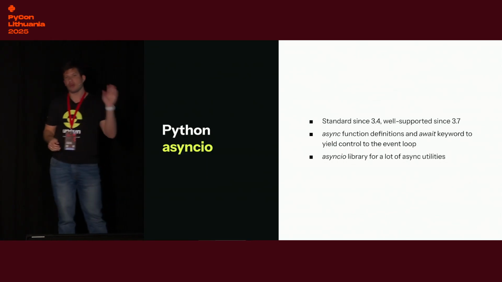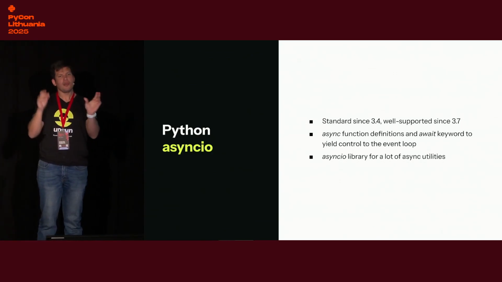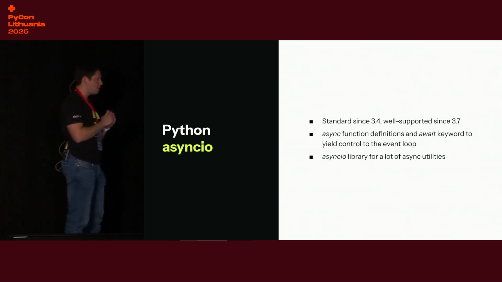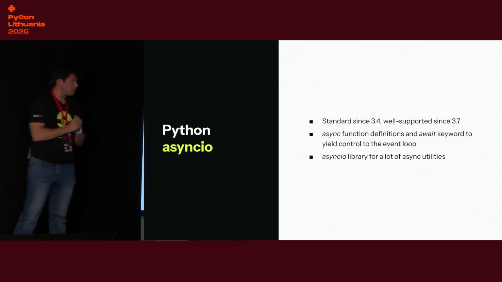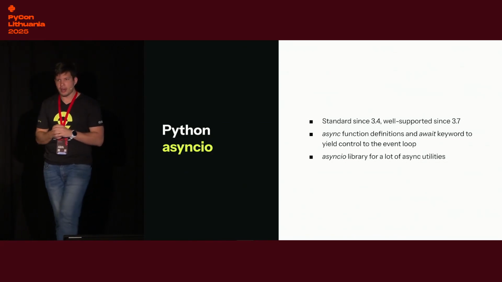So let's say that we're going to await some database results. In that moment, the event loop will pause our coroutine, will pause our Python code. It's going to get our database results, and then continue with something else that needs to run in our system.